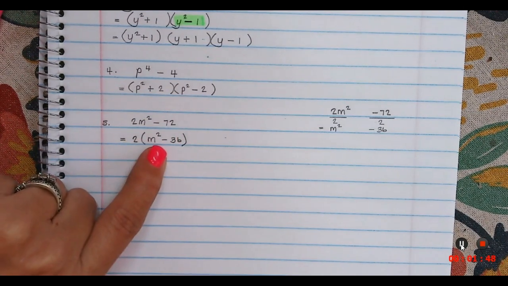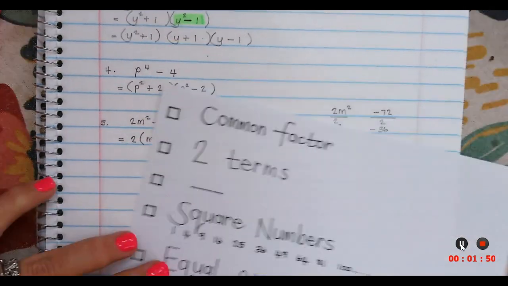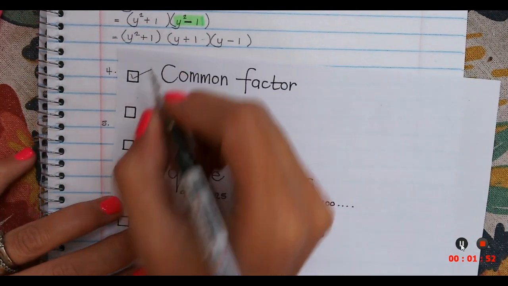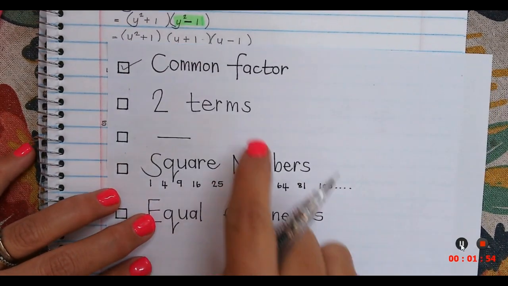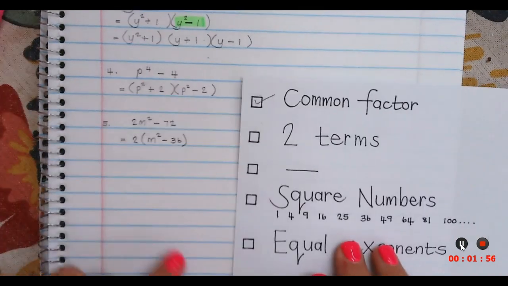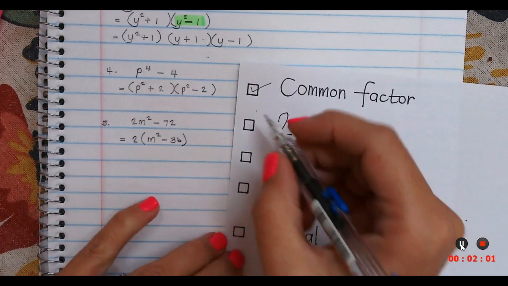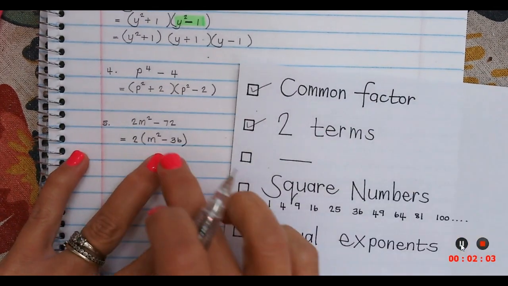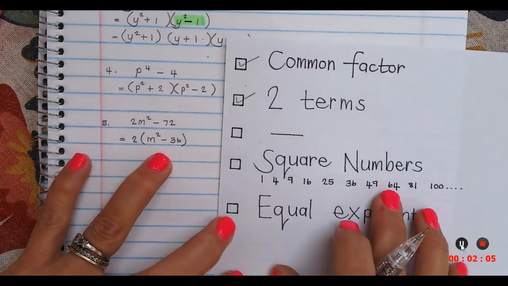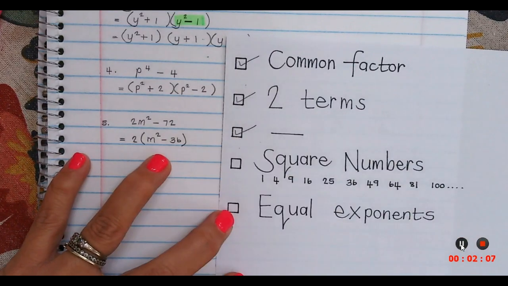So now I'm going to continue with my tick boxes. The first tick box, I had common factor. Great. Now I continue. 2 terms. So am I left inside my bracket with 2 terms? I am. Does it have a negative between those 2 terms? Yes, it does.